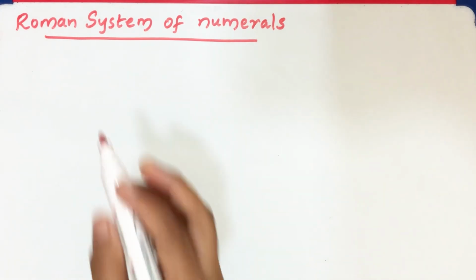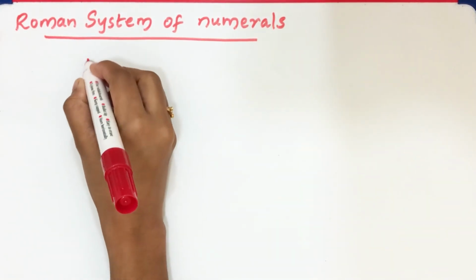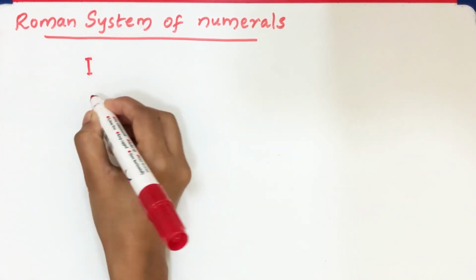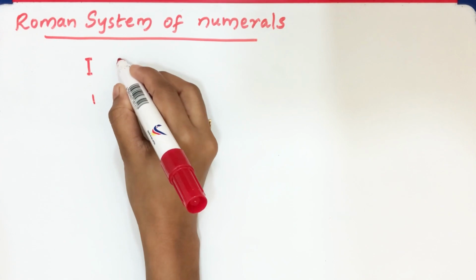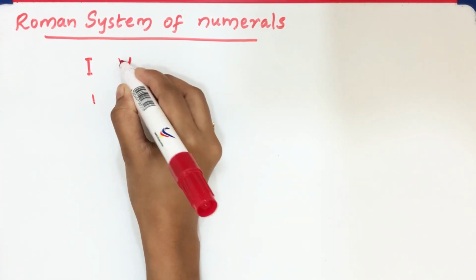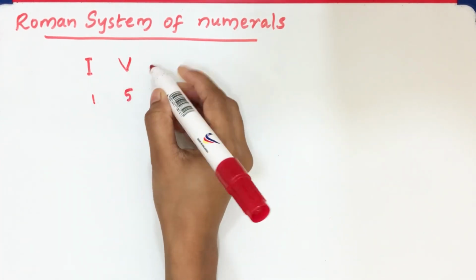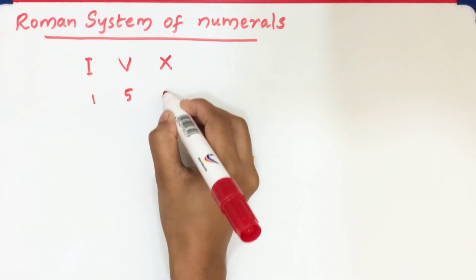You all know how to write 1 in the Roman system of numerals. That is, this is 1. Also, you may know 5. 5 is written like this. This is our 5. And 10.